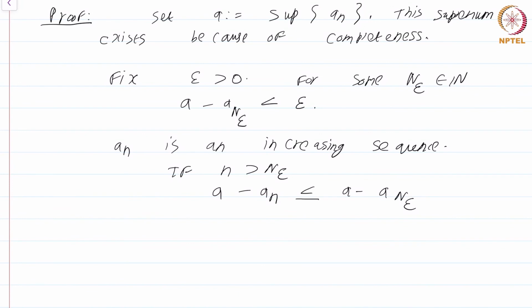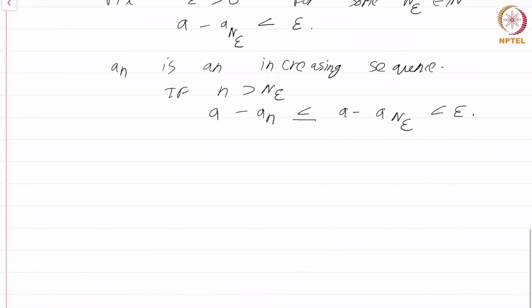To be 100% precise, I must write less than or equal to, because it could be the case that the sequence becomes constant after a while. But this is less than epsilon. We already know that A minus A_n is greater than or equal to 0, because A is the supremum of the set of A_n. In other words, we have shown that the absolute value of A minus A_n is less than epsilon for all n greater than n_epsilon.